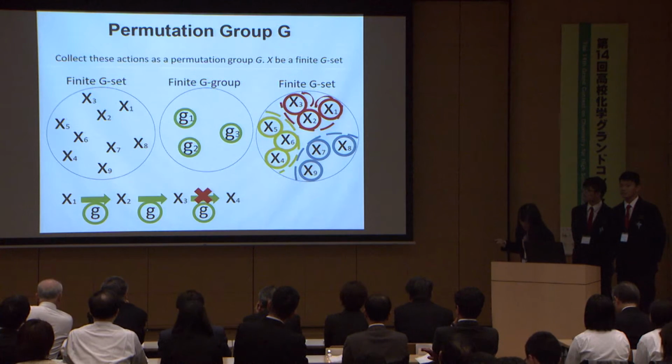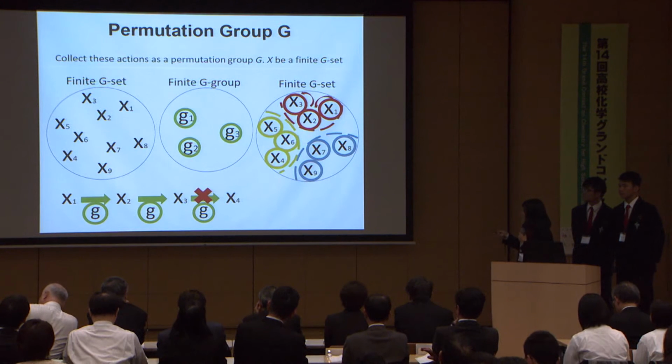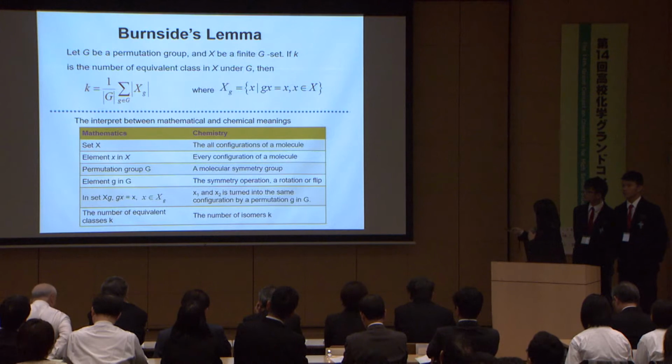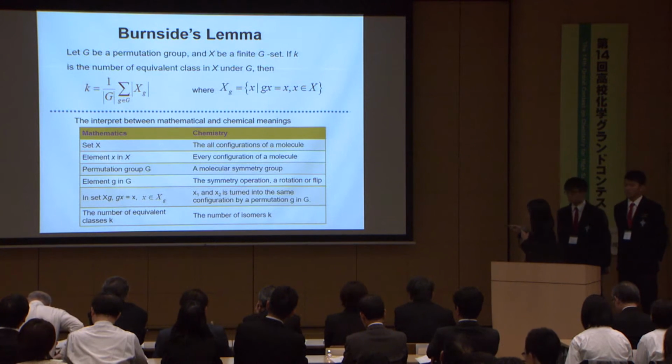The set S can be separated into several equivalence classes by the permutation group G. So the number of equivalence classes is our isomer number. And this is the simple chart.